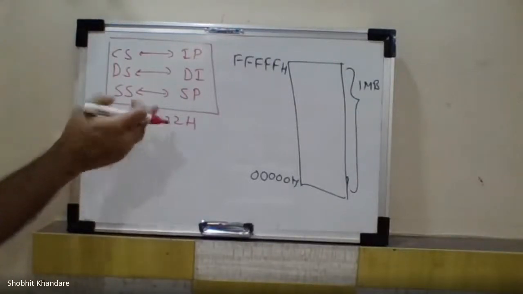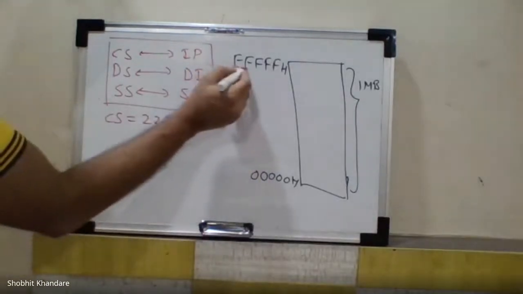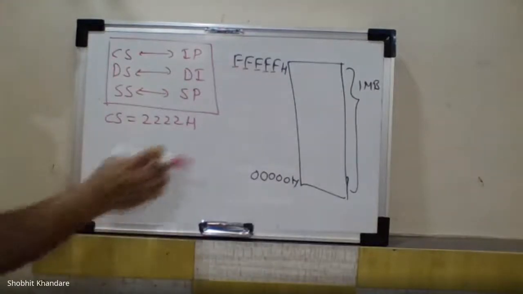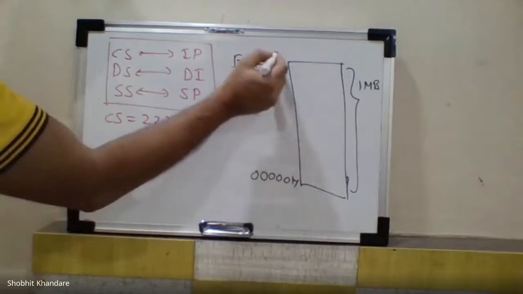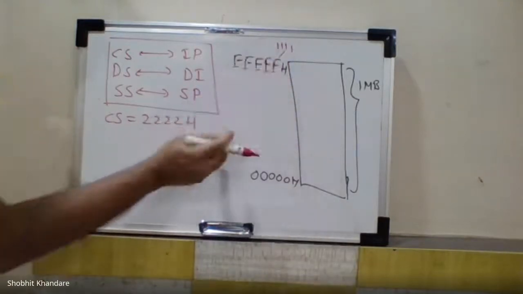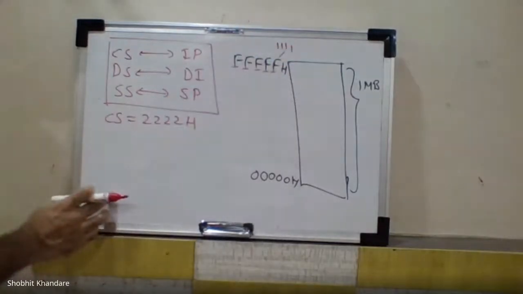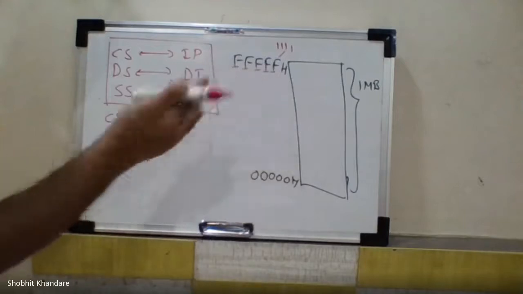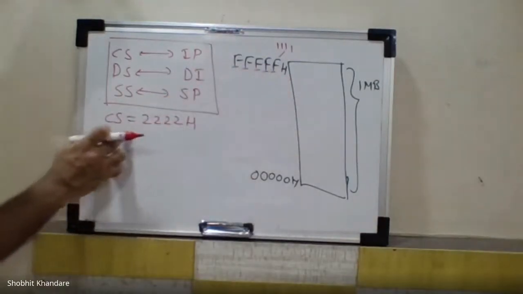But whenever you have a physical address, you can see 1, 2, 3, 4, 5 positions. F is nothing but 1, 1, 1, 1, so every position has 4 bits. Here, as far as the physical address is concerned, a total of 5 positions are there, but they have given CS as 4 positions.